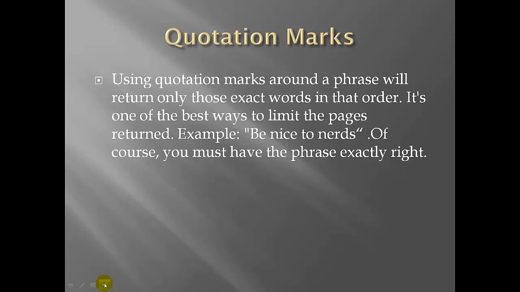Quotation marks. If you're looking for an exact phrase, this one is "be nice to nerds." If you have that phrase, put it in quotation marks, and only those results will come up on your search. Again, this might be useful, especially in history, looking for a quote pertaining to a famous person.